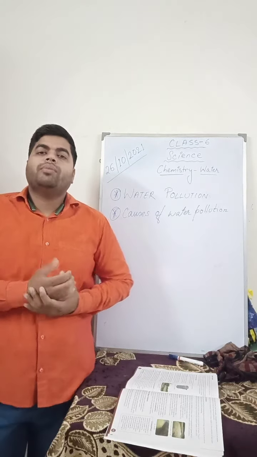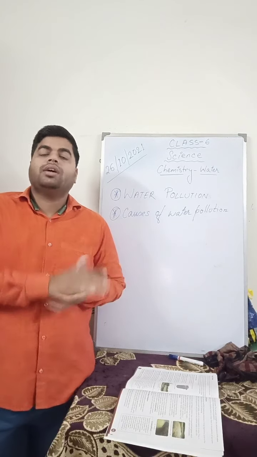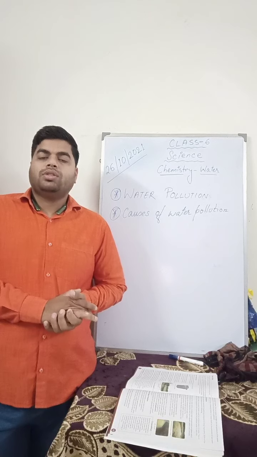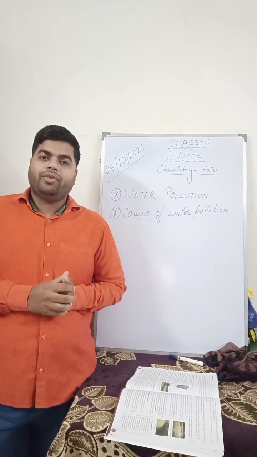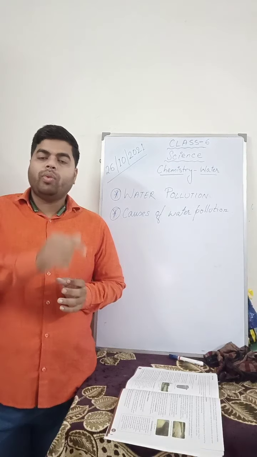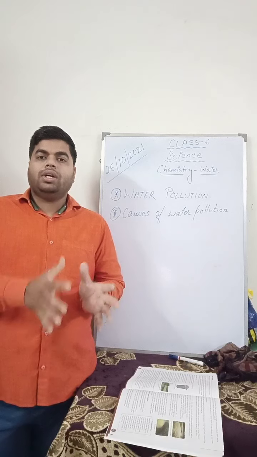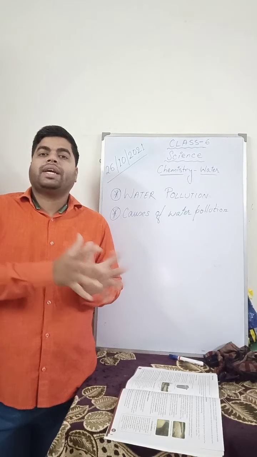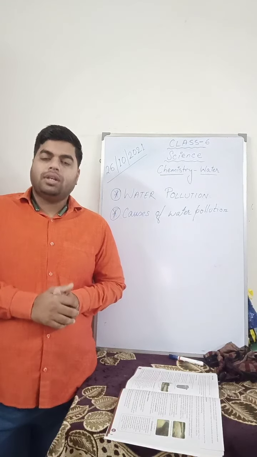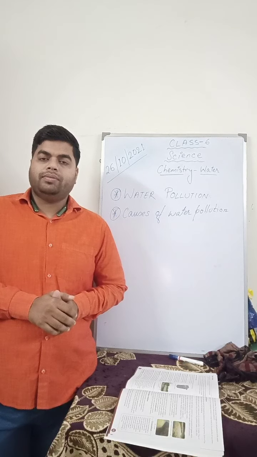So whenever a farmer uses pesticides or insecticides on the agricultural crops, and after that there is rainfall, these insecticides are washed away by the water, and this water mixed with the chemicals, when it reaches the water bodies, makes the water contaminated.